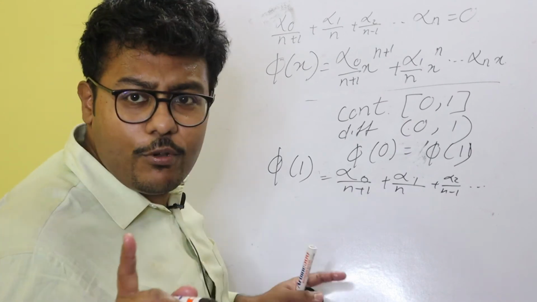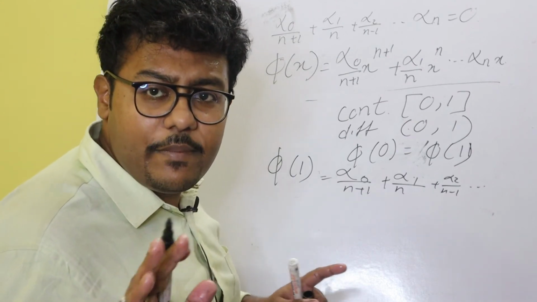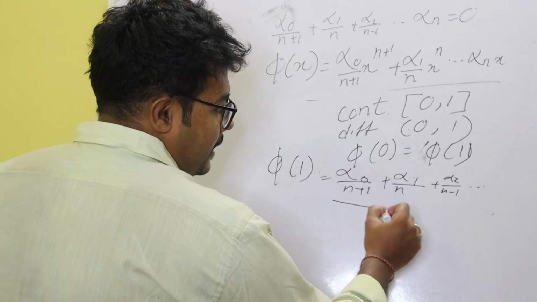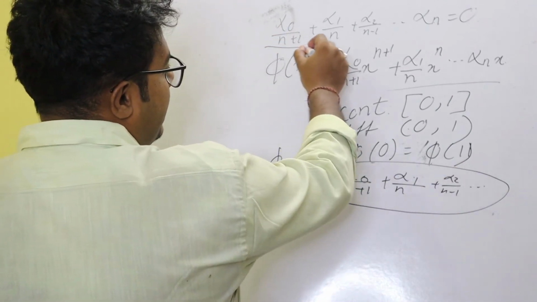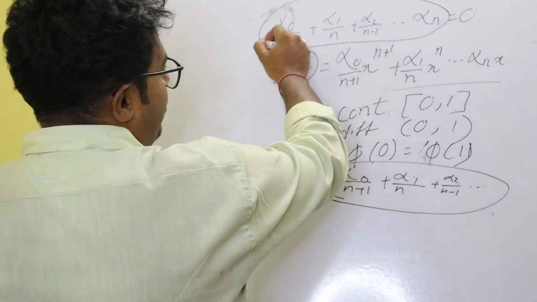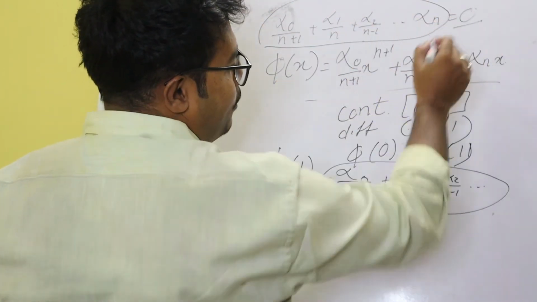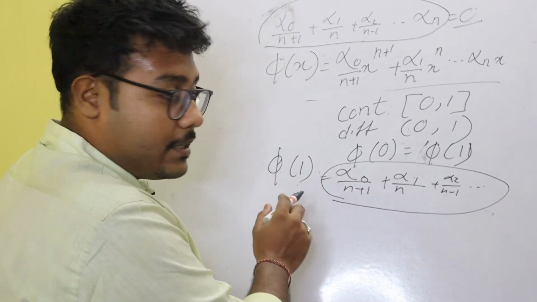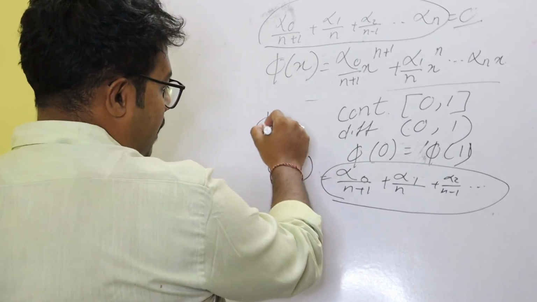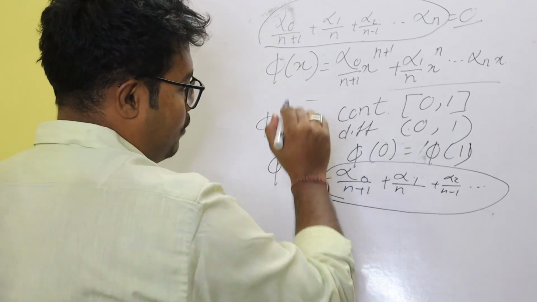Are you getting something similar to this? See, this expression has already been given here, and we are told that this expression is equal to 0. So phi of 1 is equal to 0.